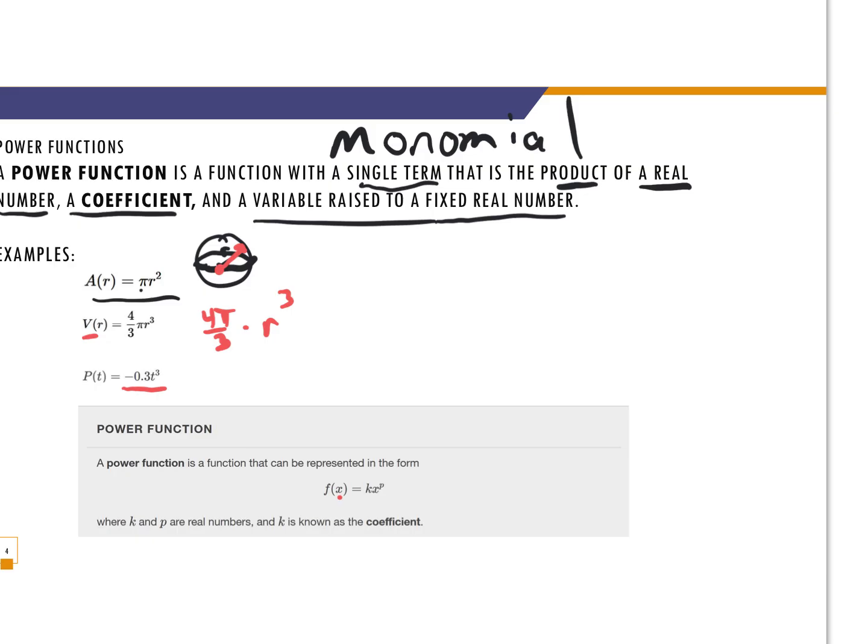It's in here: f of x. That has to be the variable. And what else do we say here? Where k and p are real numbers and k is known as the coefficient. Any number in front of the variable is always called a coefficient. That'd be good for a vocabulary question on a test.